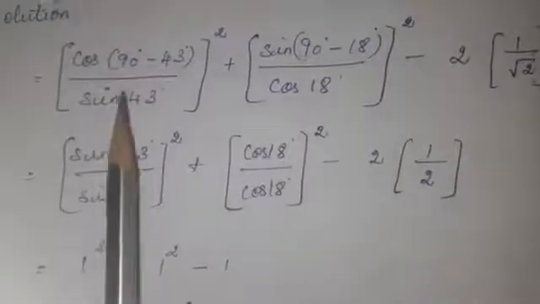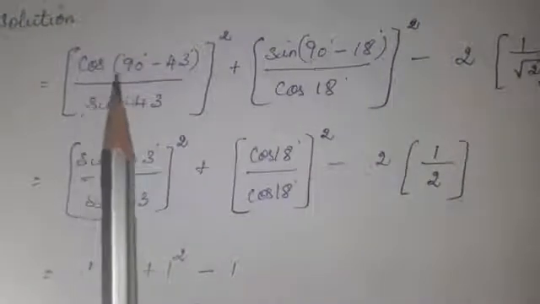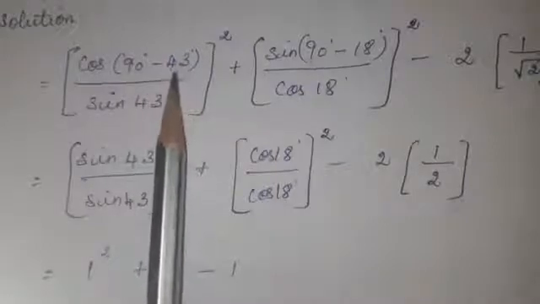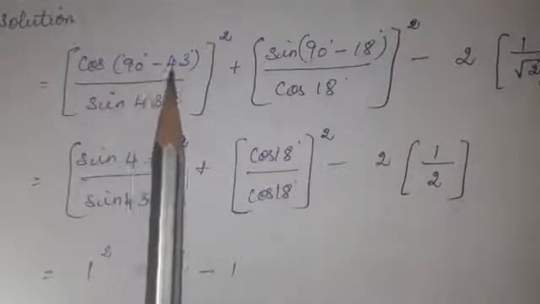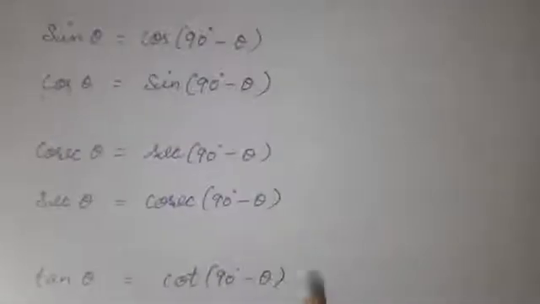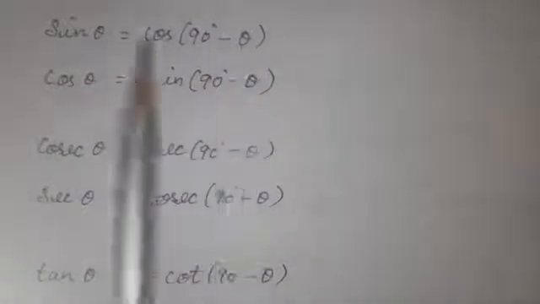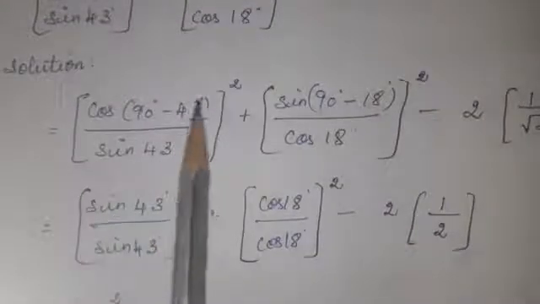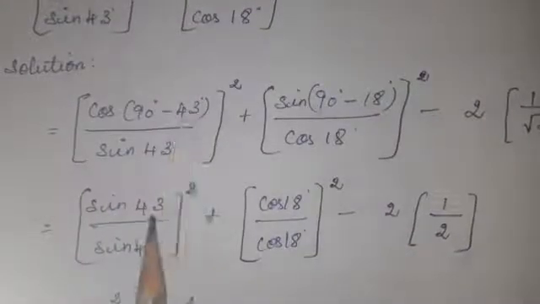Next, the formula is cos of 90 minus theta. I told you the complementary angles formula: cos of 90 minus theta is sin theta. So instead of this I use sin, and in the theta place we have 43, so I write 43.